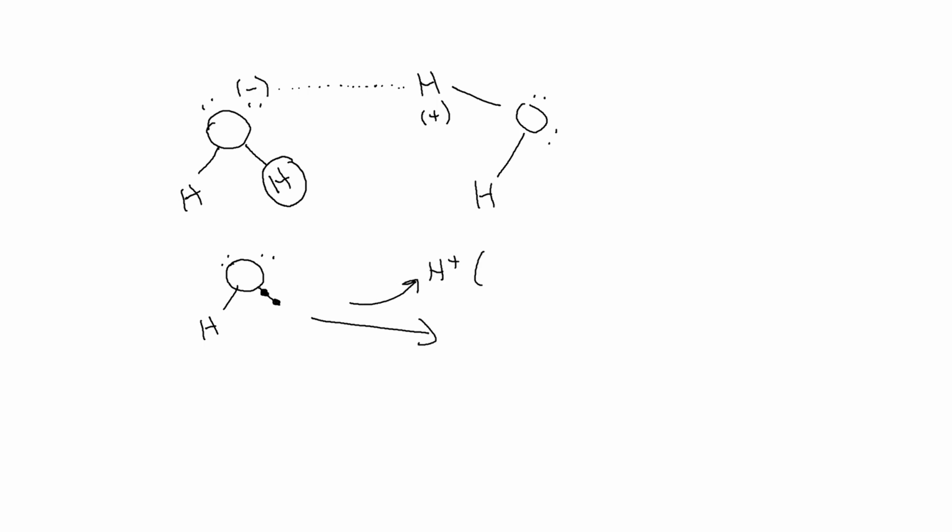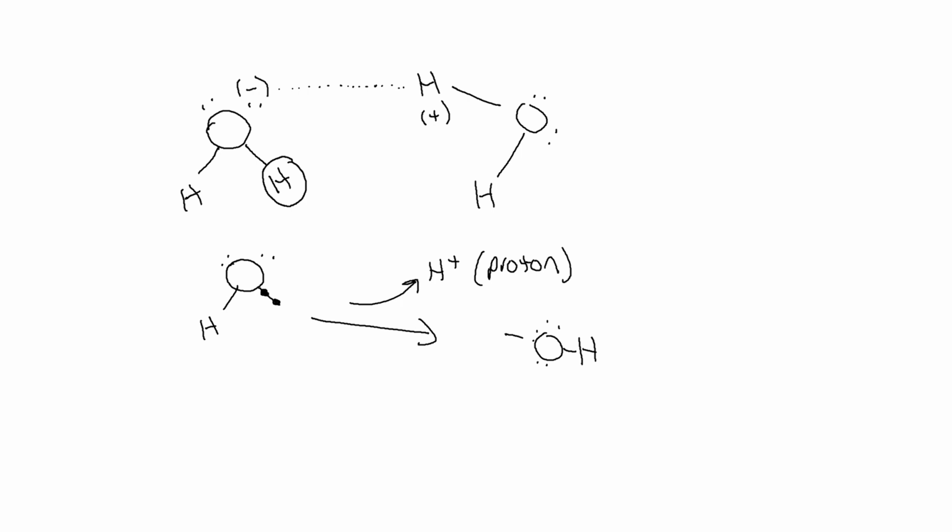Let's just say the electrons are still there, and the hydrogen is basically given off as a proton. A proton is a positively charged hydrogen ion, right? So what happens is it basically leaves behind that electron.